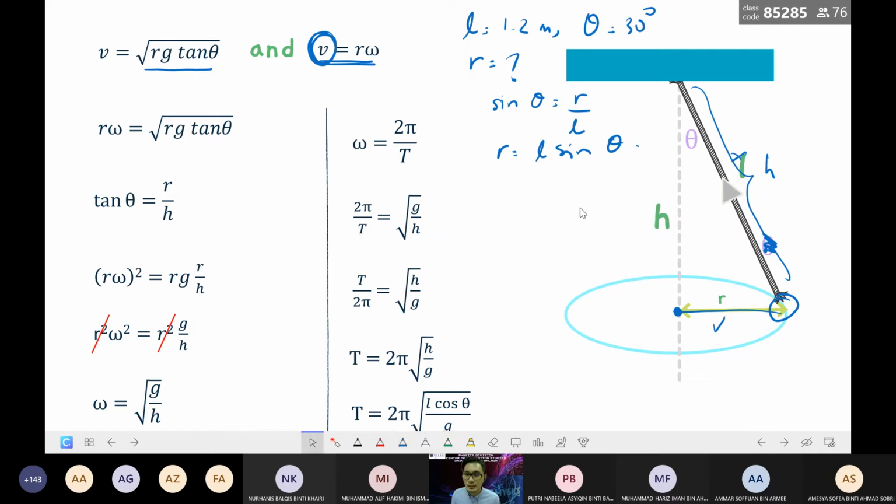Is it angular velocity? Tangential velocity. Yes, correct. The same thing we learned before, tangent to the circle. So this is our tangential velocity. And is this velocity the same as this velocity, the square root of RG tangent theta?